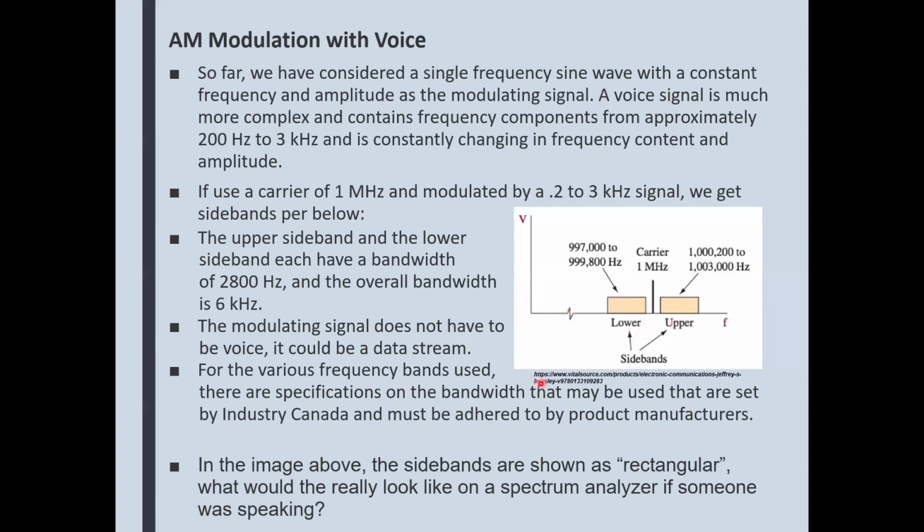So certain bands, and I'm not talking about music bands, I'm talking about certain frequency bands over the spectrum, especially within the amateur radio spectrum, certain bands implement a full carrier and two sidebands, full carrier double sideband.